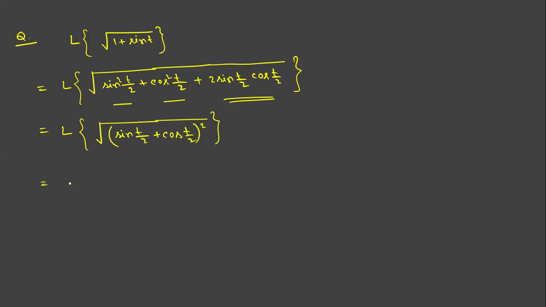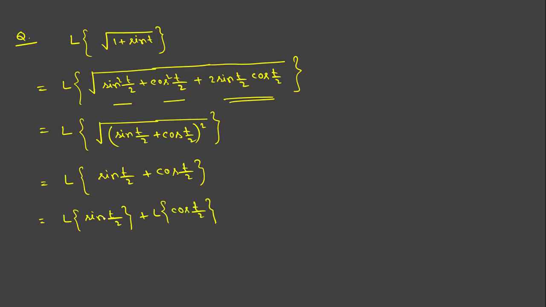So this is equal to Laplace of sine t by 2 plus cos t by 2. By linear property, you can write Laplace of sine t by 2 plus Laplace of cos t by 2.